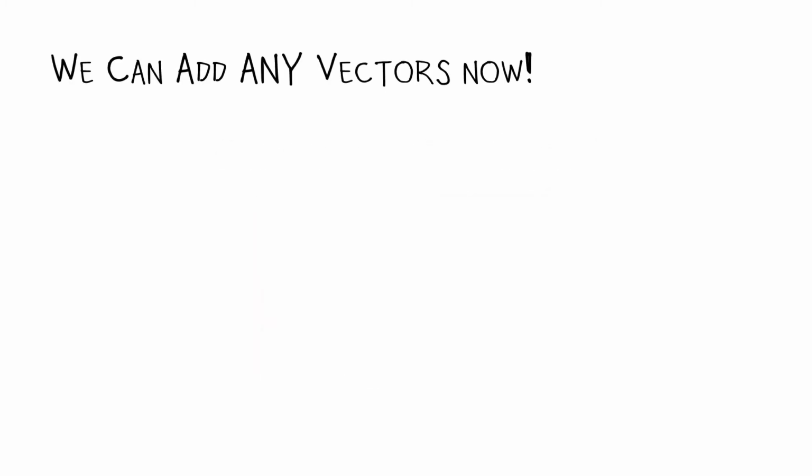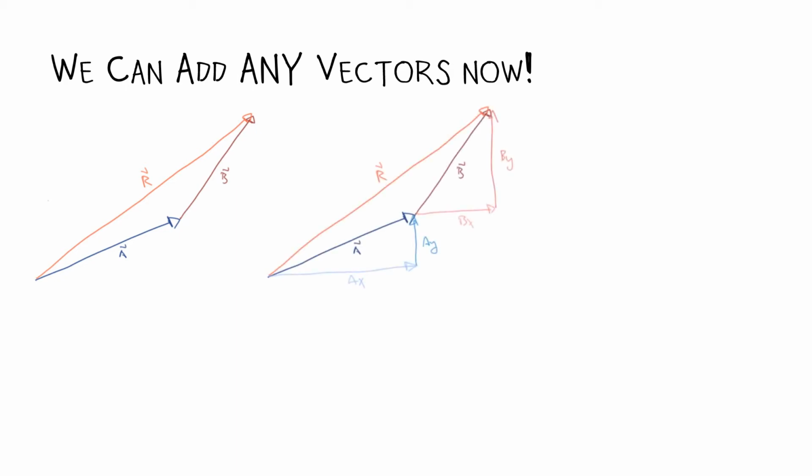And congratulations, we can add any vectors we want to now using this technique where we start off with any number of vectors. In this example, it was 2, but we can go to an infinitely large number, and they are not 90 degrees with respect to each other. We want to take A plus B and get the resultant vector R. In order to do that, we break vectors A and B into their X and Y components, and then we rearrange those X and Y components, and we create a new set of vectors that creates that right triangle that we're used to.